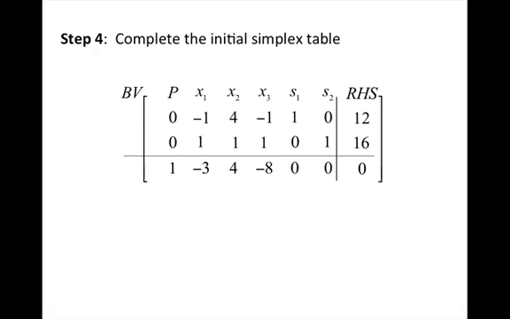Then for my objective function, my coefficient for p was a 1. The coefficients for the x's were -3, 4, and -8. It never has slack variables, and it always equals 0. And as we saw in the two previous examples, our initial basic variables are s1, s2, and the p.